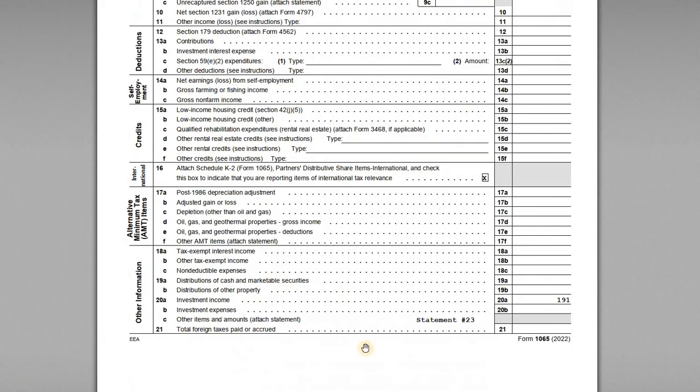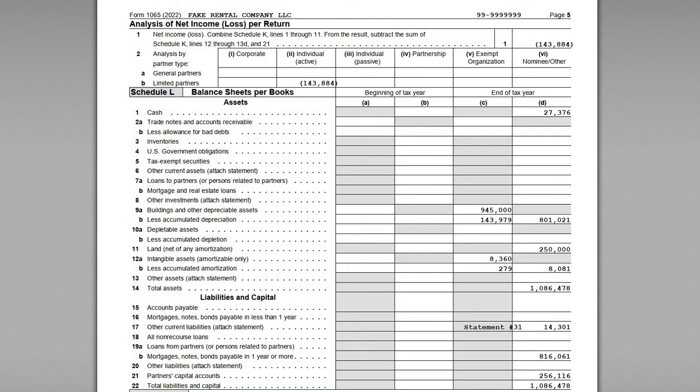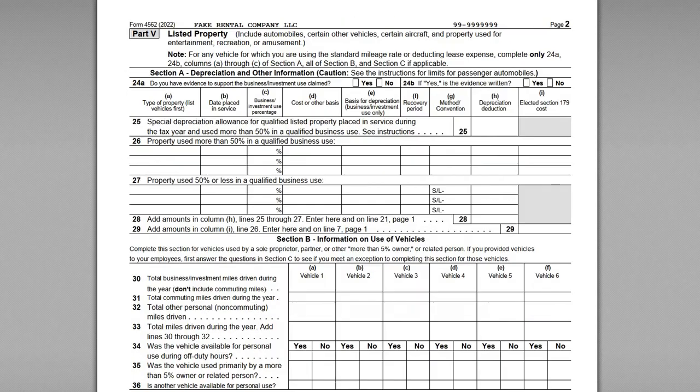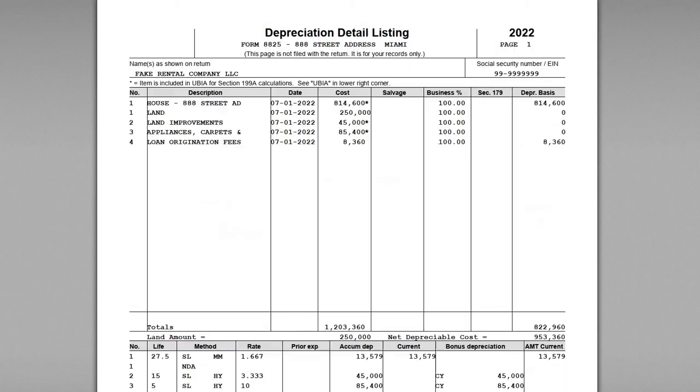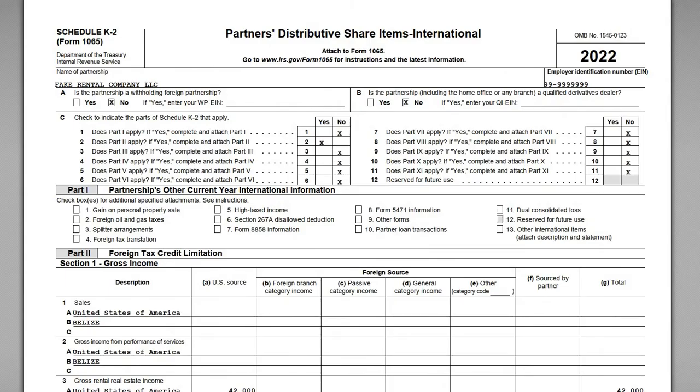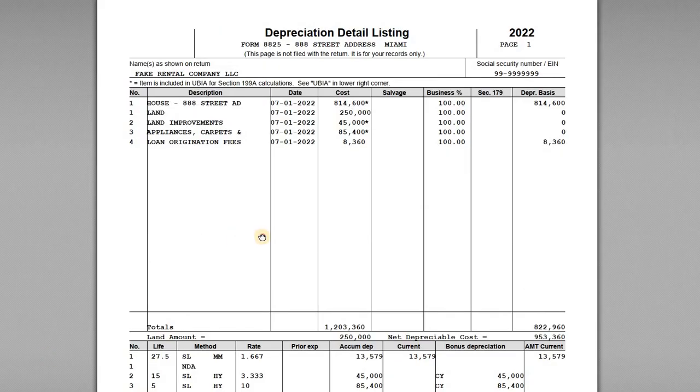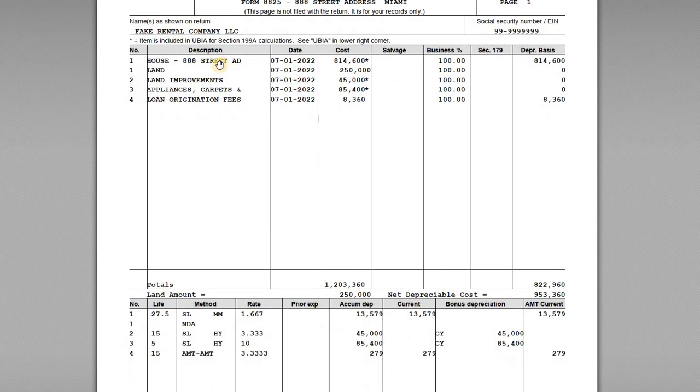All right, so now let's have a look at the K1s for the partners. So if I scroll down here, talked about the 4562. There's the depreciation schedule. So you can see how we've broken them out basically by category, right? So we have the house itself, the land piece, which is the cost basis at $250,000, but its depreciable basis is effectively zero, right? Because we're not depreciating any of it.